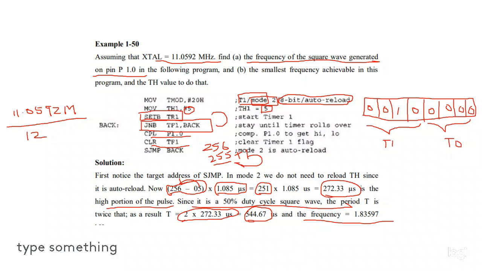Once it has rolled over, we need to clear that flag. Then SJMP back. Like that it is going to happen. These are the settings we need to make for generating the square wave at a particular frequency. Okay, thank you.